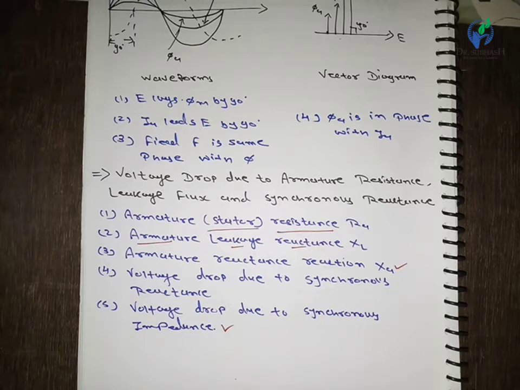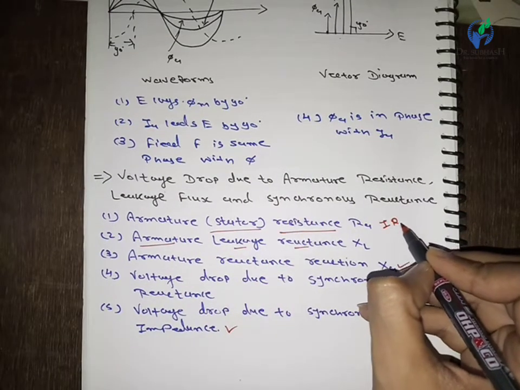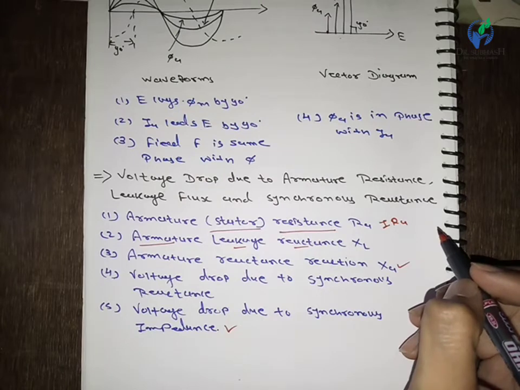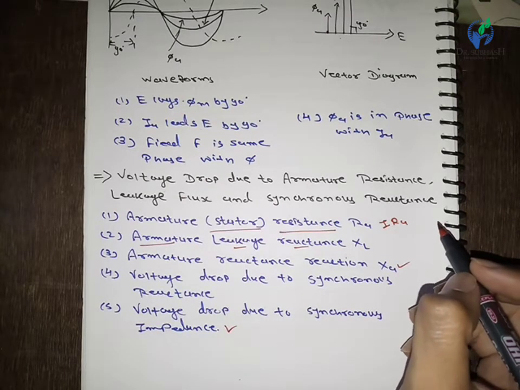Some voltage is lost in the armature itself. This voltage is called the armature resistance drop, known as I Ra, and this drop is in phase with the current.